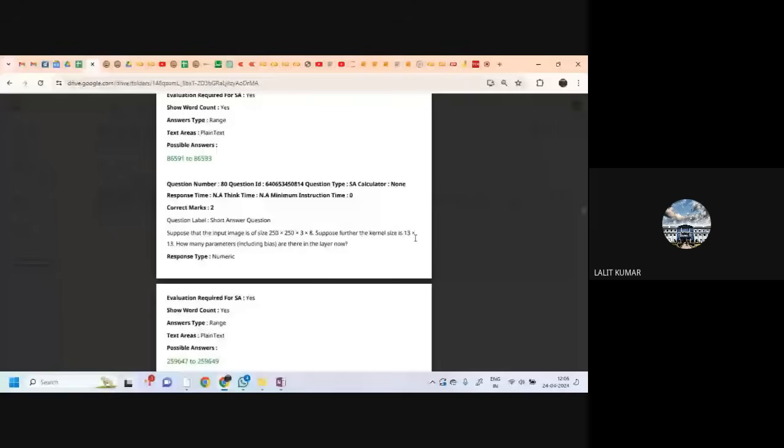Suppose the input is 250 by 250 by 3 by 8, and suppose further the kernel size is 13 by 13. How many parameters are there in the layer?